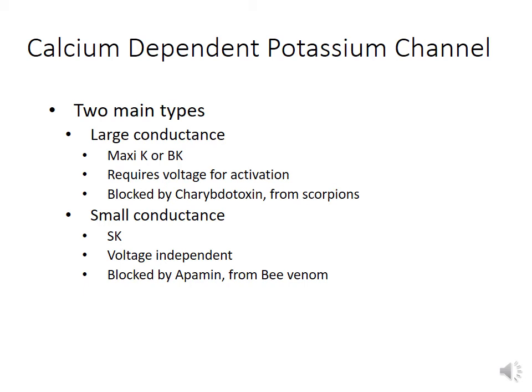The BK potassium channels are named BK because they have a single channel conductance of 100 picosiemens to 200 picosiemens, while the SK or small-K potassium channels have a single channel conductance of about 10 picosiemens.